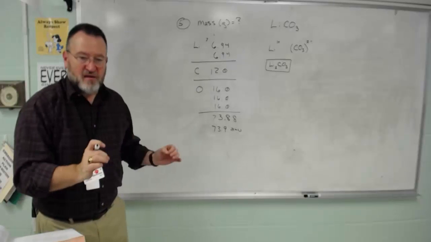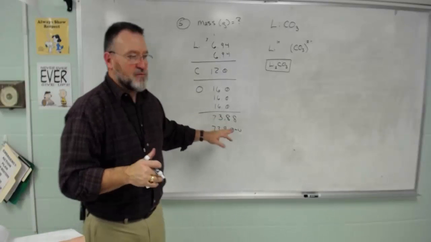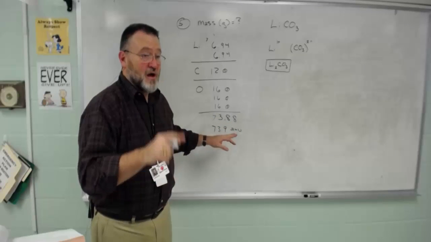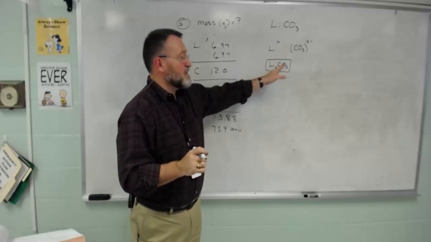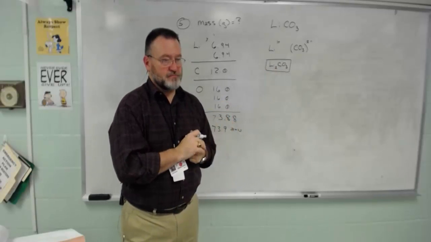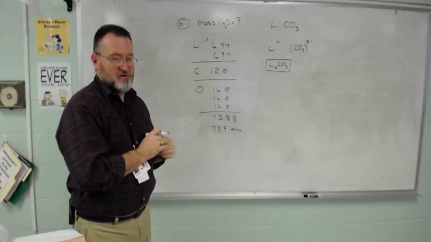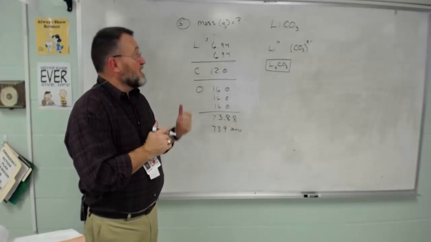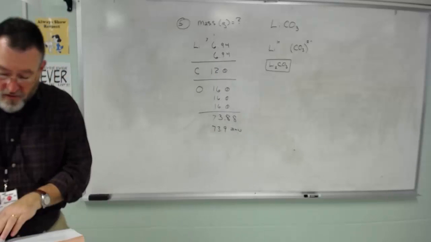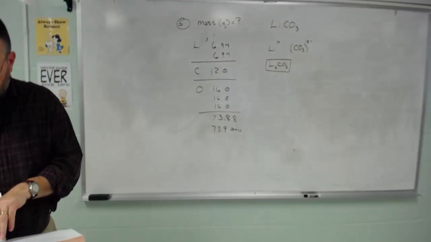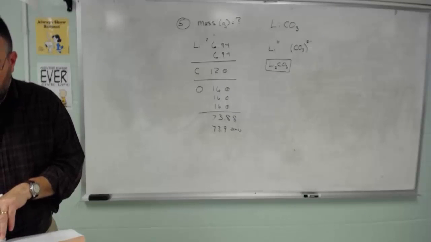That mass, 73.9 AMUs, is the mass of one lithium carbonate molecule in atomic mass units. And so just like the last problem, now we're asked not to put it in AMUs. The question asks us to put it in grams.